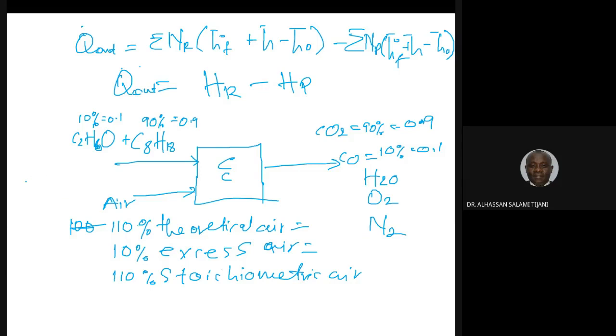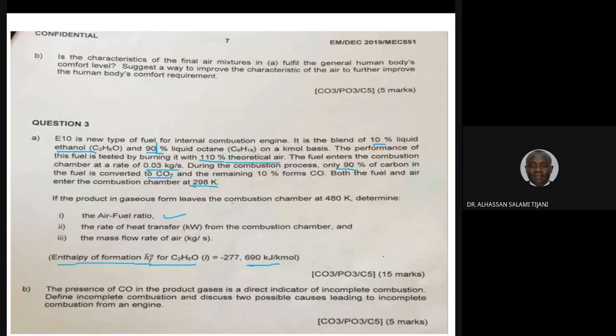The temperature at the inlet to the combustion is T in equals 298 Kelvin, and the temperature at the exit, T out, equals 480 Kelvin. You see that the temperatures at the inlet and exit are completely different, so we need to take note of this. Very, very important.